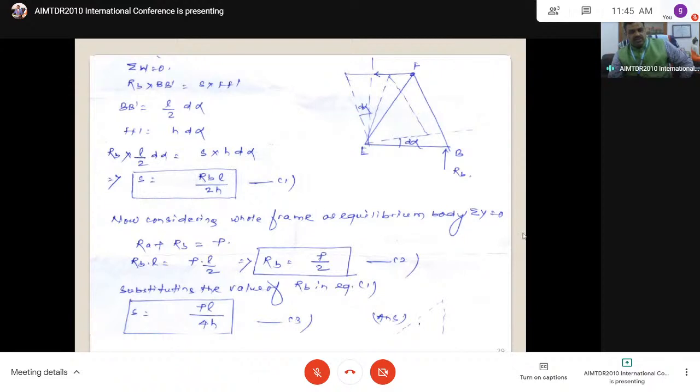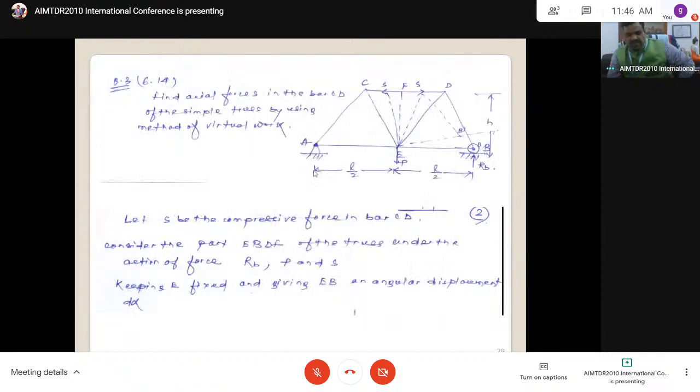Now, consider the whole frame in equilibrium, with external force and internal force. External forces are Ra and Rb. Okay. This is how we will consider the external forces, Ra and Rb.